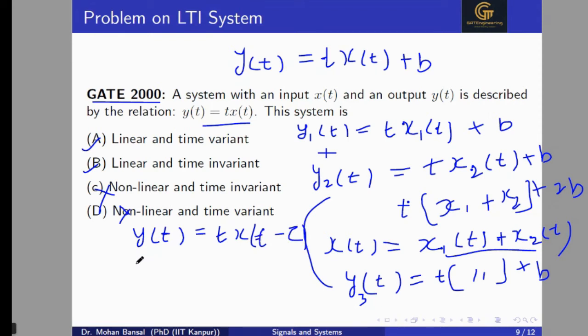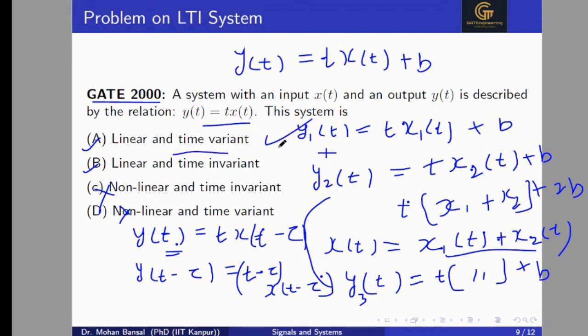And for the other equation, if you delay the output, y(t minus tau) will become (t minus tau) x(t minus tau). So what is happening here? Both are not equal. So this system is time variant. So option A is correct: linear and time variant.